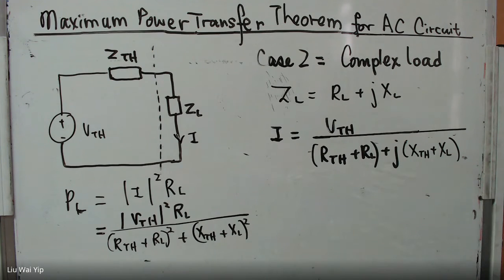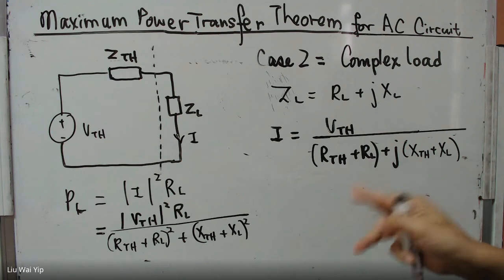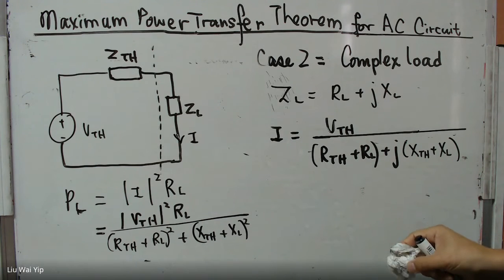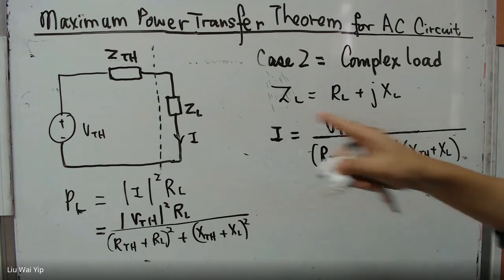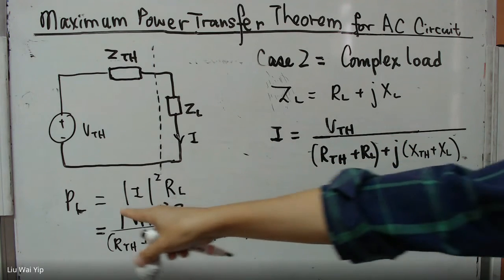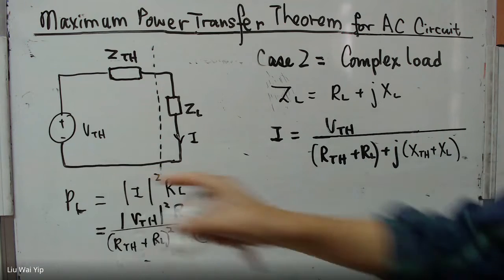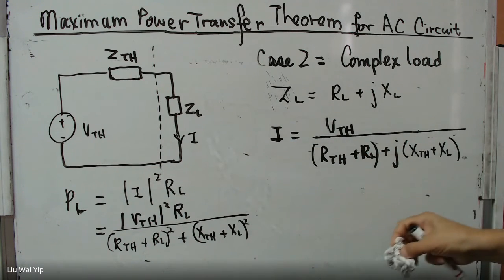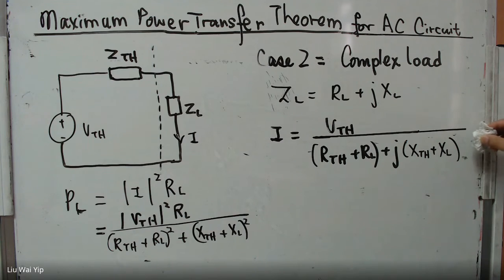So the next thing that we need to do in order to find out the condition for the maximum power transfer is to find the derivative of PL against ZL.